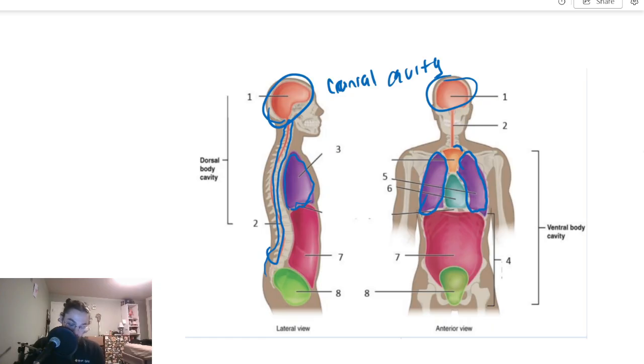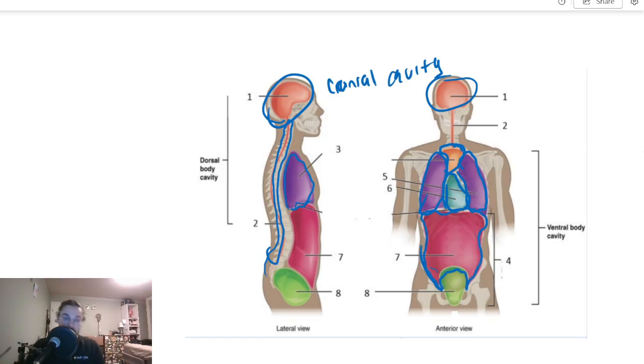Then we have the pericardial cavity, so next to or outside of the heart, and that's like inferior to your superior mediastinum. So remember how we describe movement, right? It's literally in the name, superior. Okay. All right. Cool. Then we have our thoracic. Or sorry, I already said thoracic cavity.